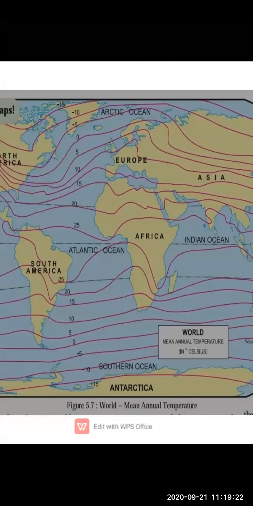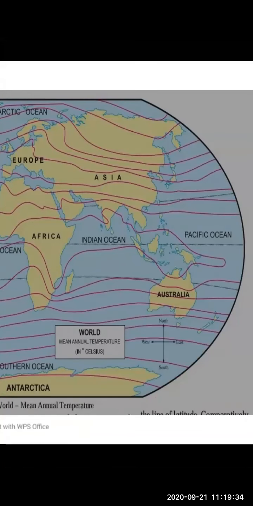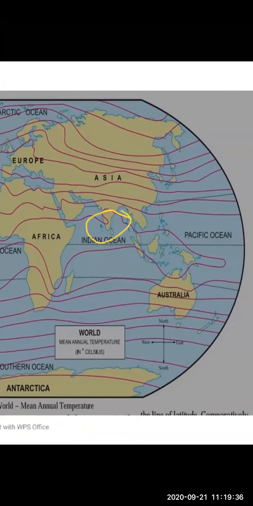The isotherm line occupies some parts of the continents of South America, Africa, next here some parts of Asia and some parts of Australia also. See, we are considering this isotherm. Children, it is there in your textbook also.